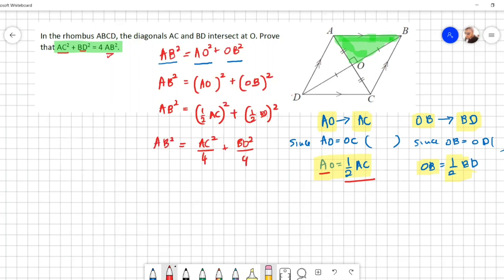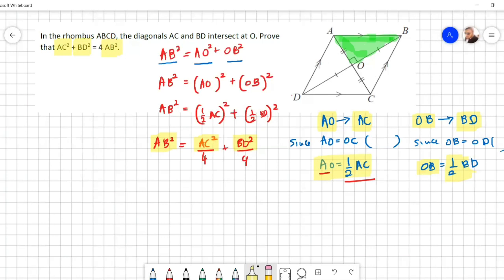Now again, I analyze what I have got here and what I need in my answer. I have AB squared, which is there in the answer. I have AC squared, which I have in the answer. I have BD squared, which I have in the answer. But in the answer, AB squared must be 4AB squared, that's missing. And in my answer, there is a 4 as the denominator.